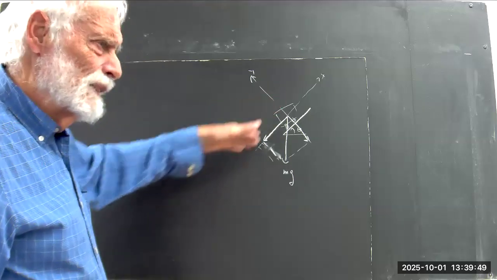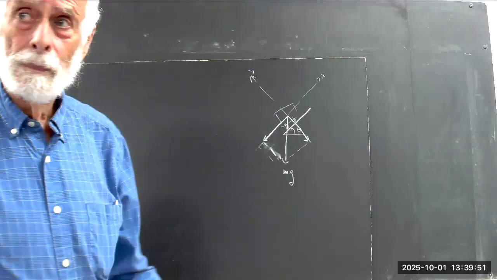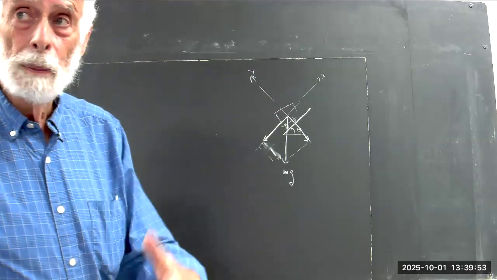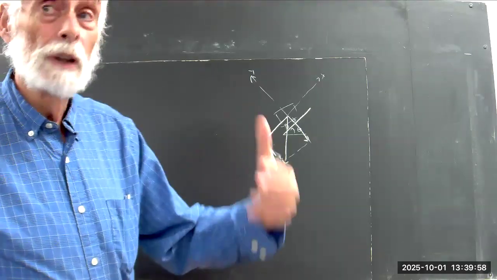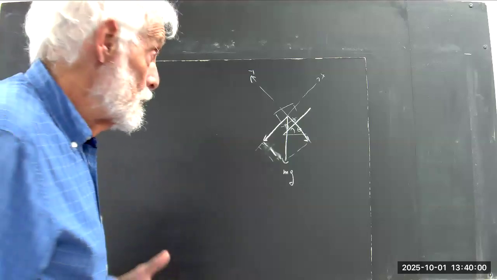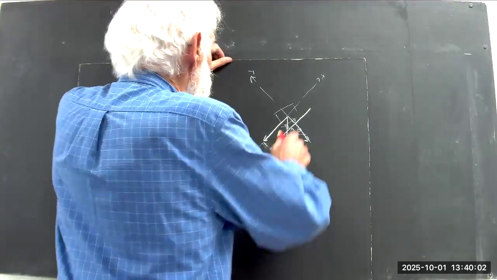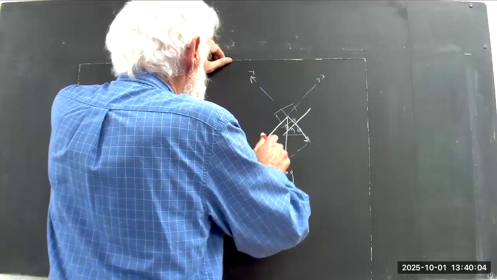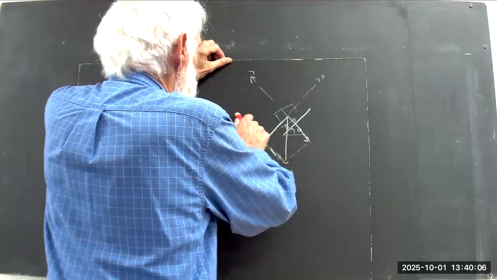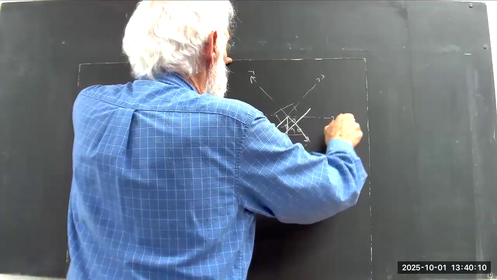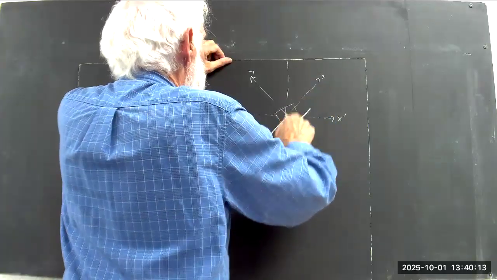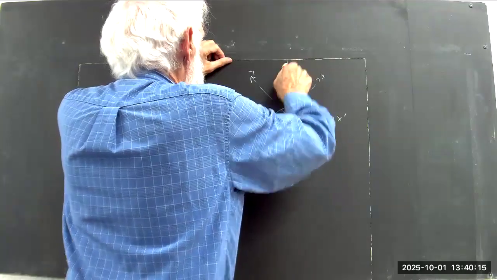Okay, basically that's just a steep track. You wouldn't be able to walk up or down it. And some tracks are way steeper than that. This force has components, x prime, y prime axis.